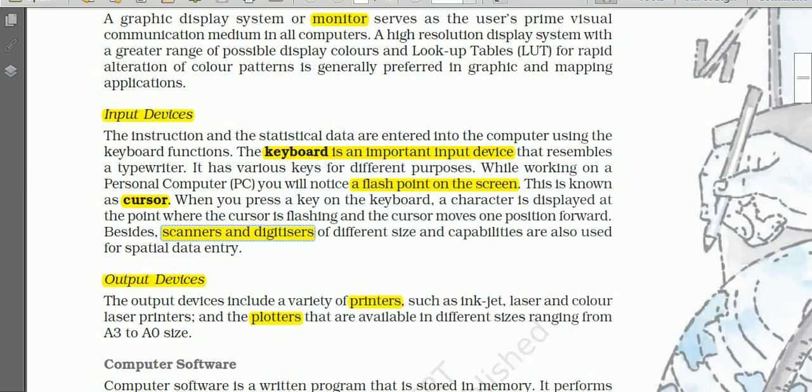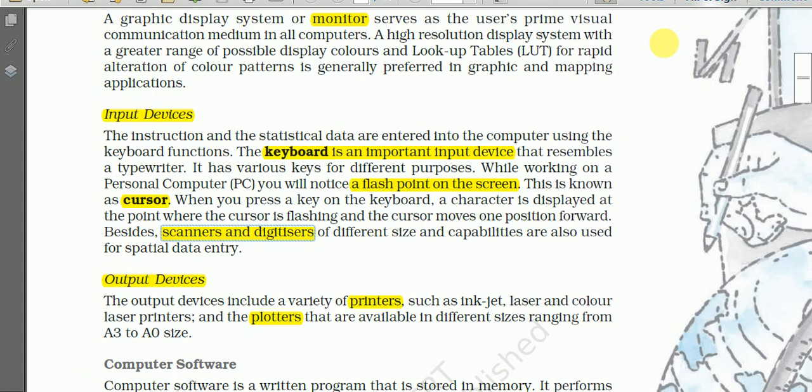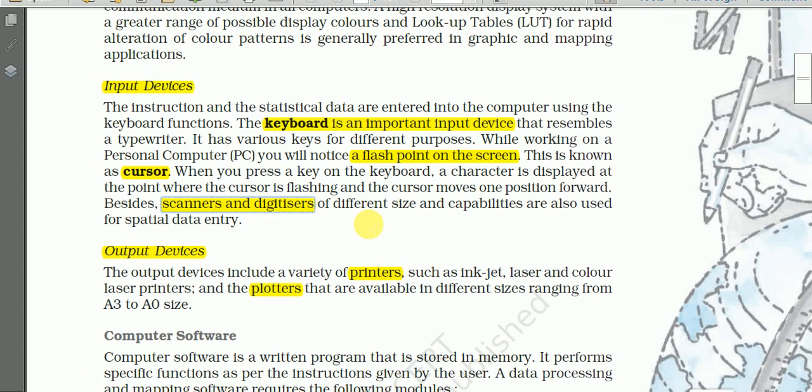And we have one more, a more powerful one, here. This is another photograph showing a digitizer. This is an example of an input device, and using this device we can input a base map into the computer.